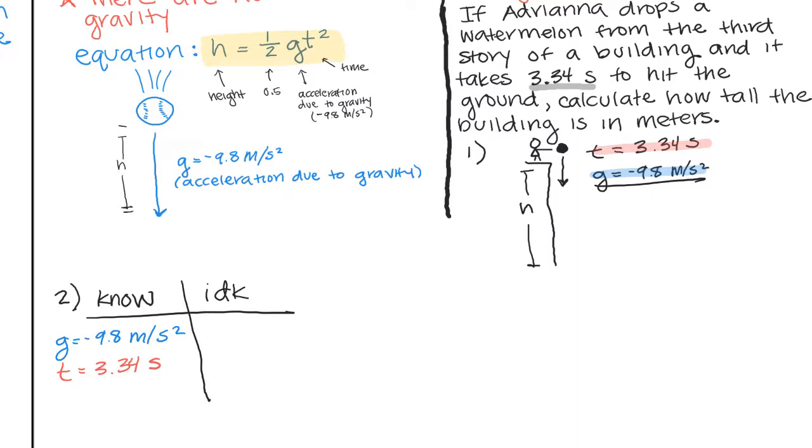All right. And looking at our equation up here, we have G, we have T. The only thing that we are missing, and this is what the problem is asking for here, calculate how tall. So we don't know what that height is. So I'm going to write height is equal to question mark. We don't know what the height is.